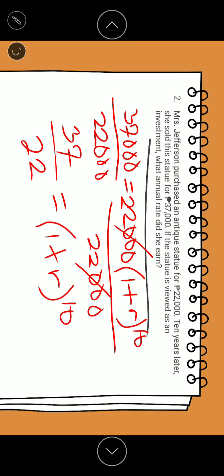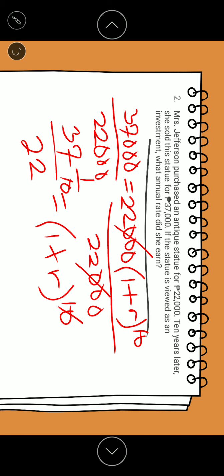Next, take the left hand side to the 1 over 10 power to clear the power of 10 on the right. So, matatanggal to siya because we use 1 over 10 power and we put here exponent of 1 over 10. So we have 37 over 22 to the power of 1 over 10 equals 1 plus R.